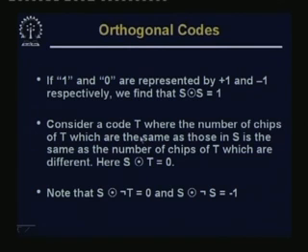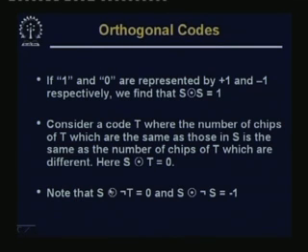If they are different in T and S, the corresponding chips when multiplied would give you minus 1. If the number of plus ones and minus ones are the same, when you add them together in the previous summation, the sum total will become 0. Here S dot T will be 0.